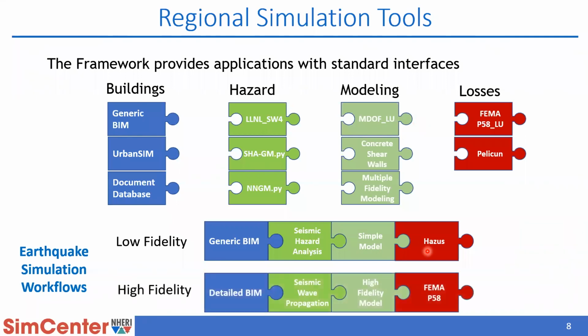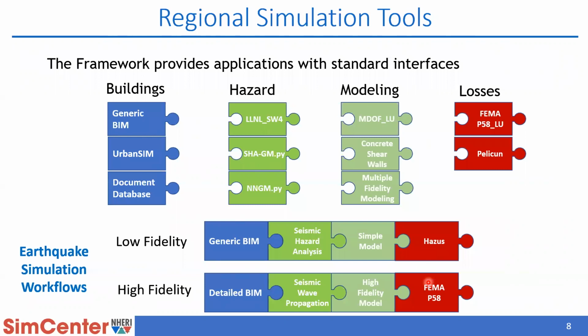Or maybe we have a higher fidelity model where we have a detailed building information model, and maybe we use a more robust way of characterizing the ground motion at the building site. And we have a high fidelity finite element model that we use to evaluate the EDPs, and then we use FEMA P58 for loss assessment.